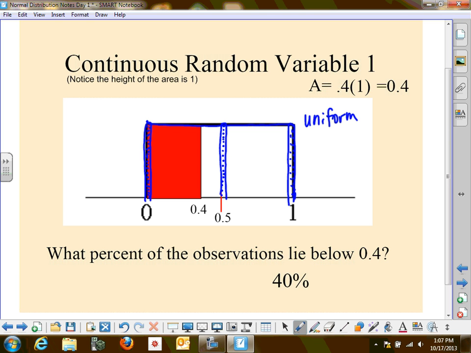Okay, but at any rate, this entire distribution represents all pieces of data. And all pieces of data total up to how much percent? Okay, good. So this entire distribution totals up to 100% of the data.